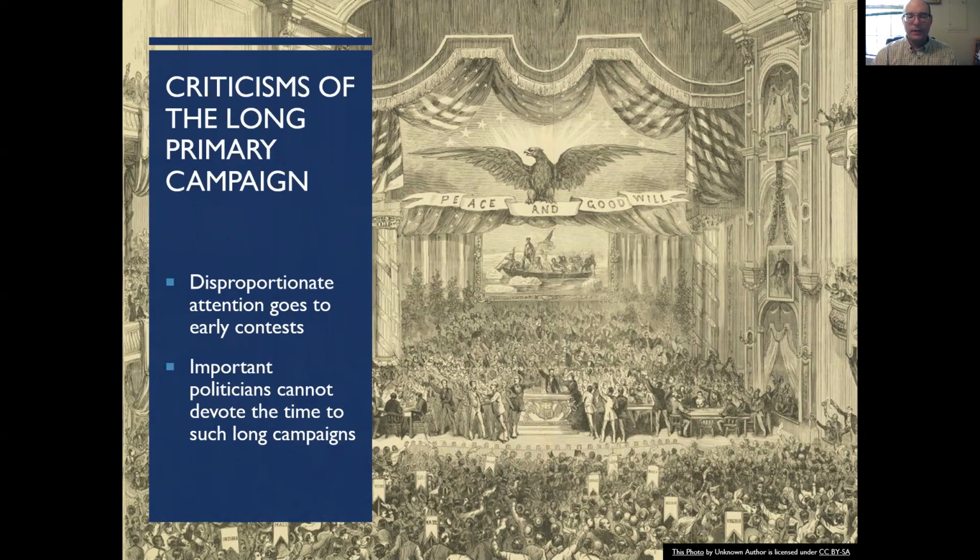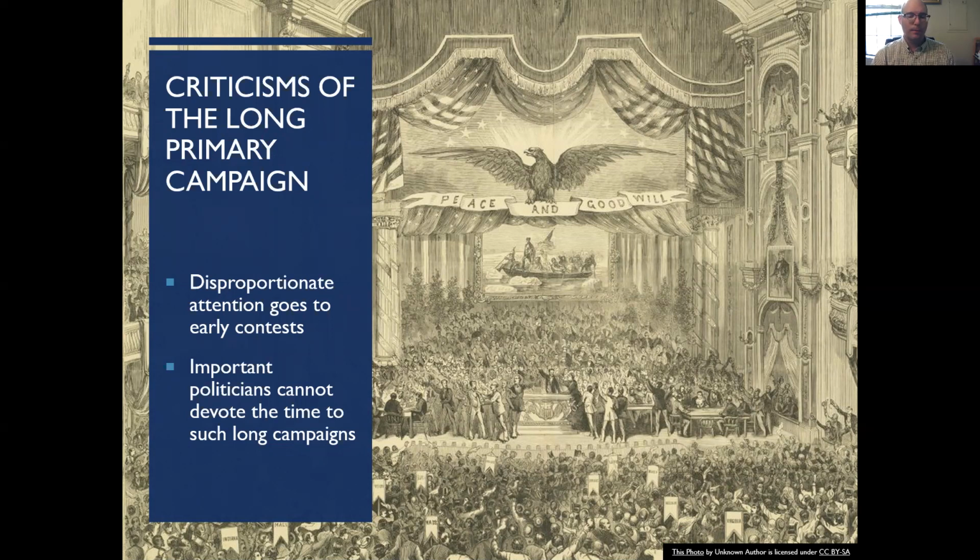Okay. Another criticism: important politicians can't devote the time to such a long campaign. Okay. People who already have positions, senators, governors, really have pretty important, busy, full-time jobs. They don't necessarily have time to go travel, flying to Iowa every weekend to try to campaign. And if you look at recently who have been some of the successful, but also some of the talked about people running, the successful people, Donald Trump, not a politician, never an office holder, didn't have any of that responsibility at the time that he ran.